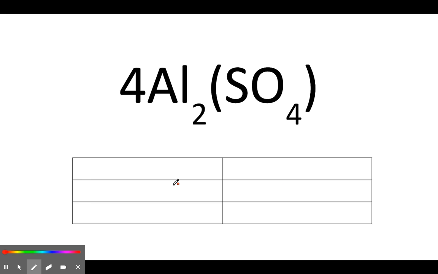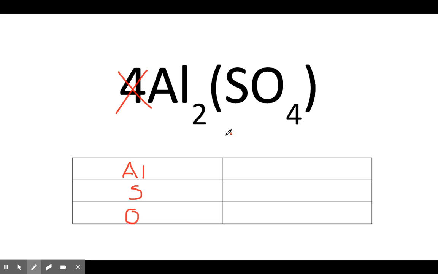All right, and last but not least, we have one more we're going to work on that has both parentheses and a coefficient. So we're going to record our elements: aluminum, sulfur, and oxygen. So we're going to start on the left-hand side, just like we read.